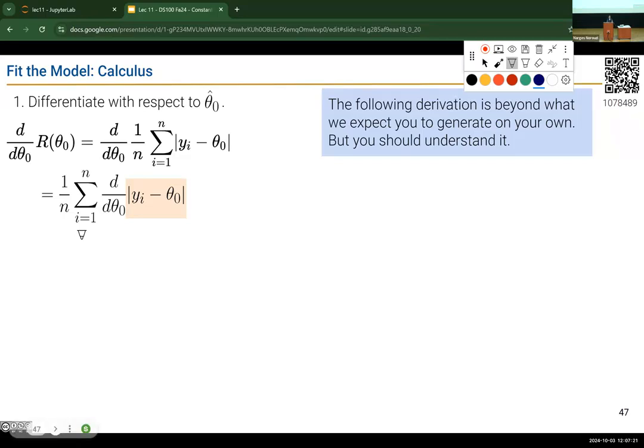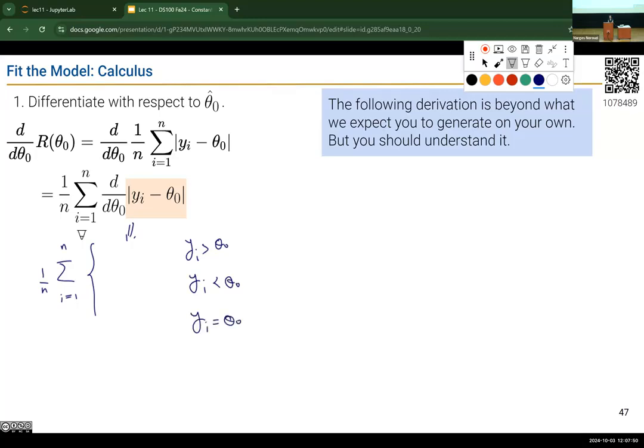So the first thing that I'll do is, what if I turn this absolute value function into a normal function by just conditioning over different yi values? I would write this as 1 over n times the summation of i from 1 up to n of the case that yi is greater than theta 0, the case that yi is less than theta 0, and the case that yi is equal to theta 0, right?